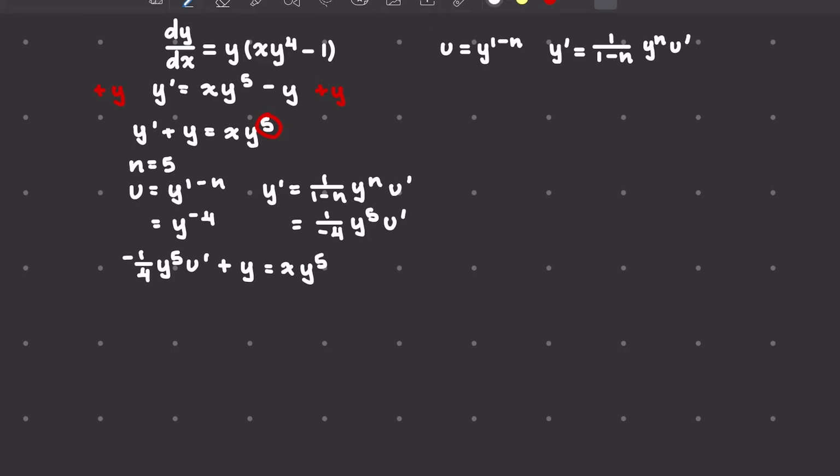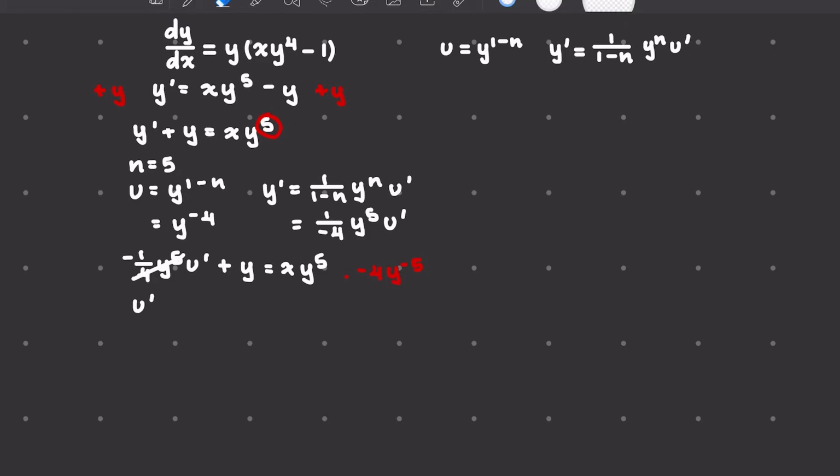And remember, we want the coefficient in front of u prime to be 1. So let's multiply the whole differential equation by negative 4 y to the negative fifth. This will remove the whole thing here, and this will just be u prime plus.